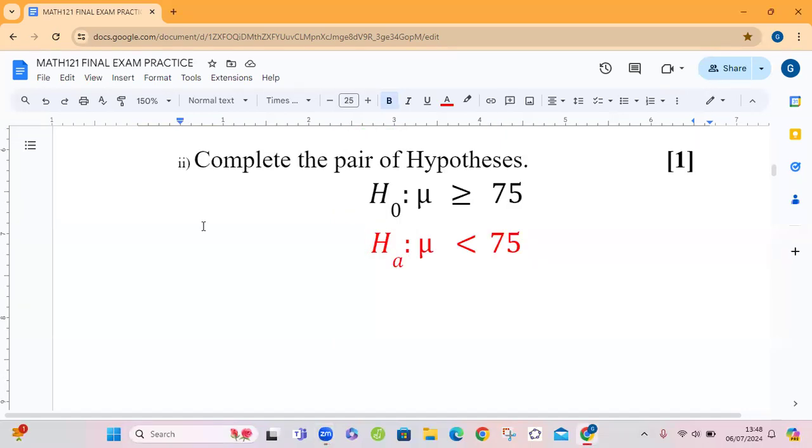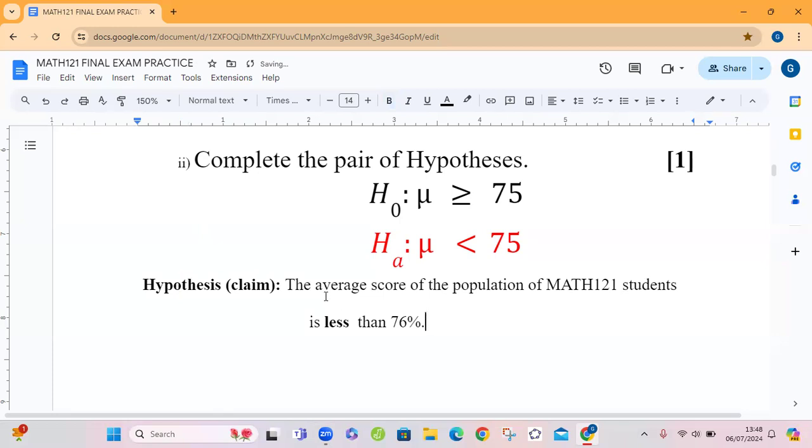Part 2 says to complete the pair of hypotheses. So we must first start with the claim. The claim says the average score of the population of MATH121 students is less than 76%. That's what the claim is saying. So this claim has to be translated to symbolic form.